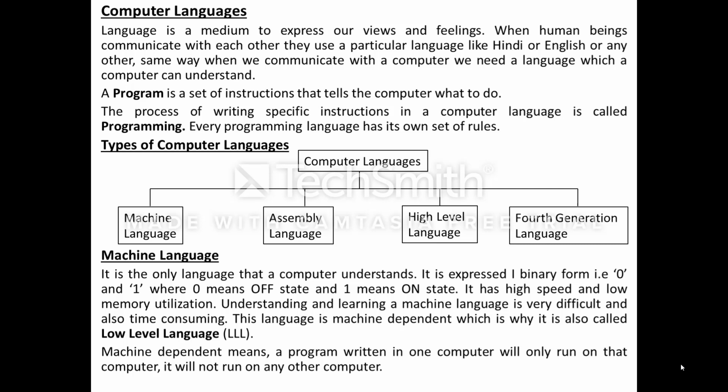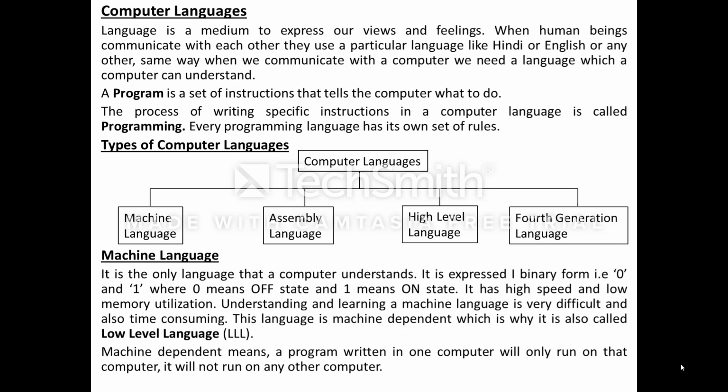Machine language. Okay. A computer can only understand the machine language. It does not understand any other language, be it English, be it Hindi, be it Urdu, be it Arabic, be it Chinese, be it Japanese, anything. It only understands one language, and which is the machine language.